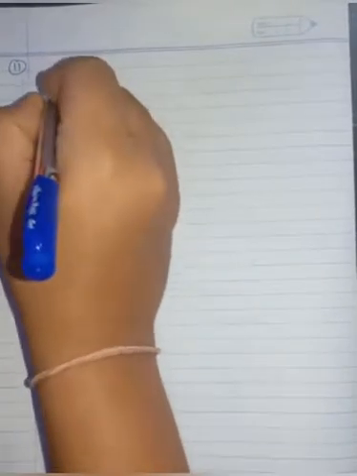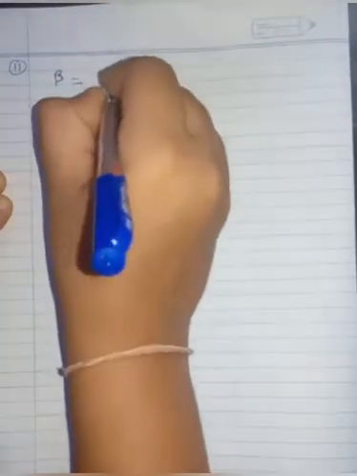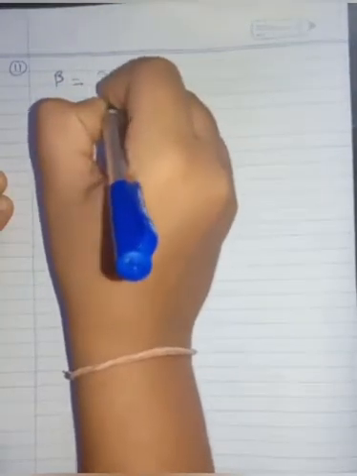In question number 11, in a diffraction pattern by wire, on increasing the diameter of wire, what will happen to fringe width? Here the fringe width beta is given by λD/d.